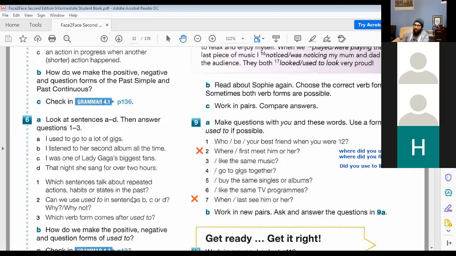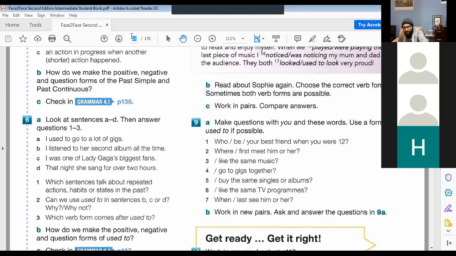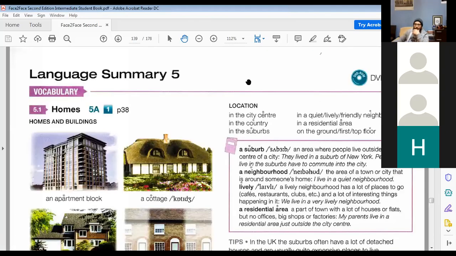Because even in the rule, if you remember, I'll take you very quickly to a quick refresher or reminder. Used to is not only for states, it's also for repeated actions in the past. So 32, 32, 32, 32. All right, here it is.